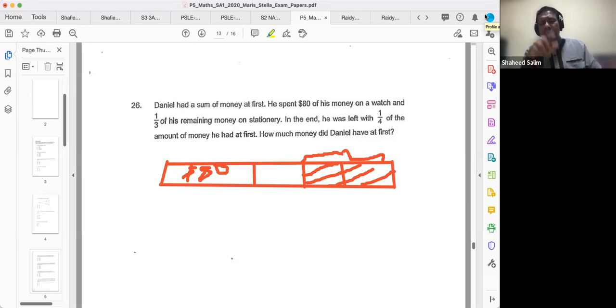Sorry, that's considered 1/4, but there's 2 units. So 1/4 is 2 units. One whole, how many units? You understand the question? If you know that, you'll get it very, very fast.